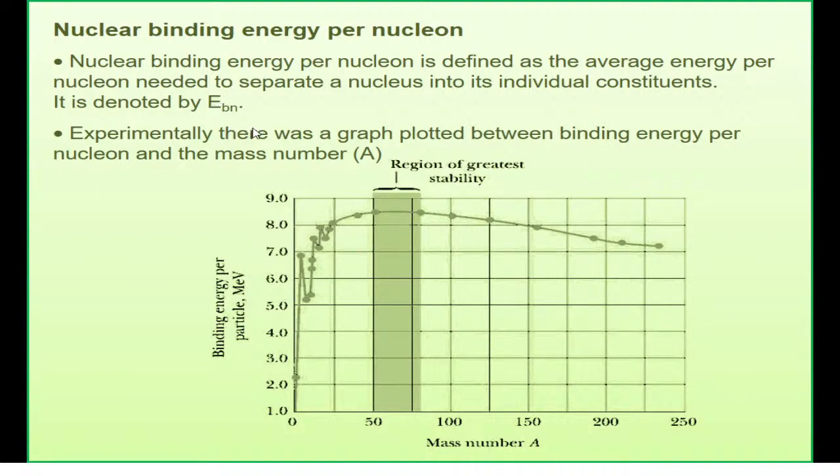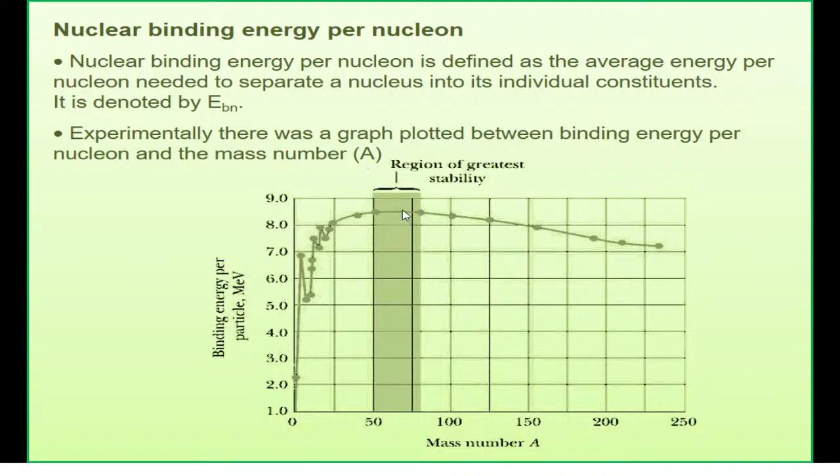If we plot the graph of the binding energy per nucleon against the mass number, we obtain such a line showing the range of the elements that are of greatest stability.